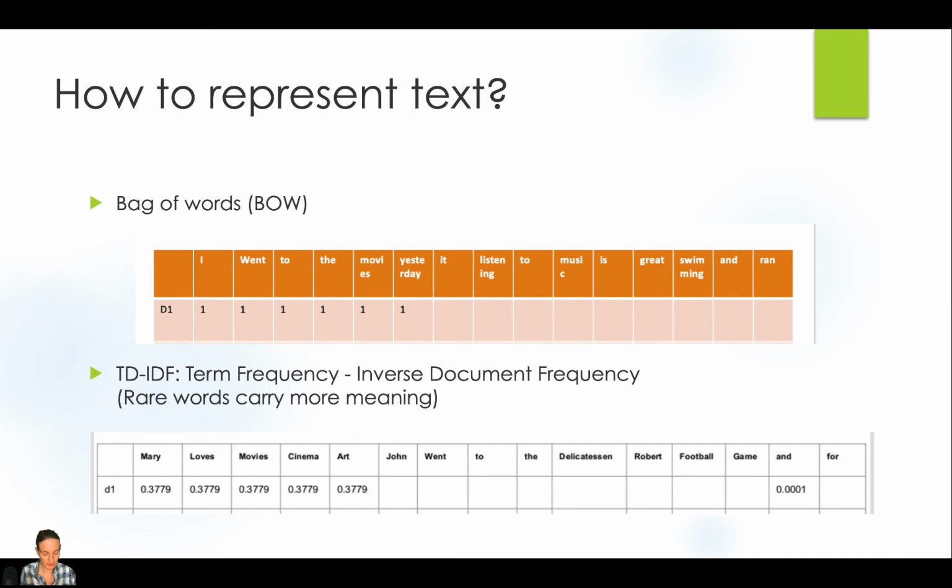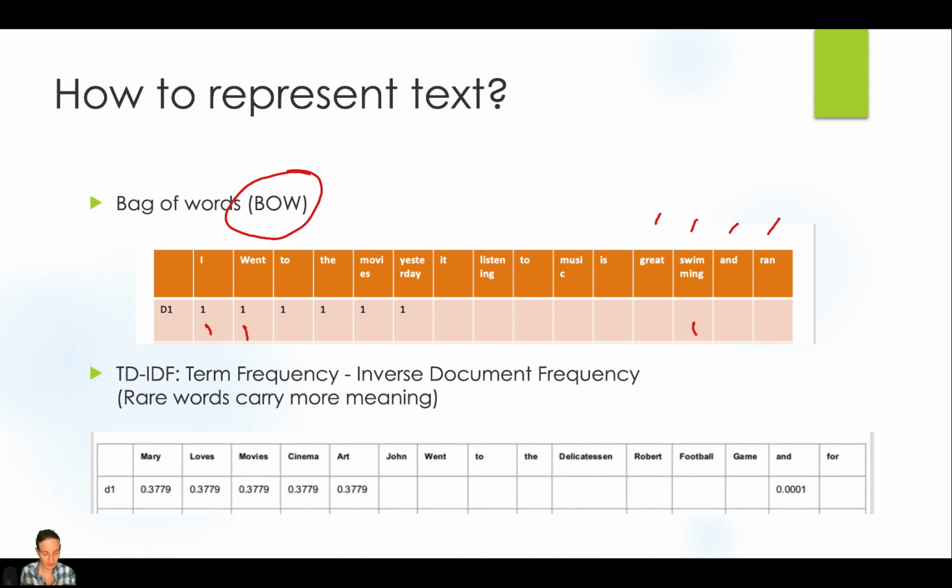There are some traditional ways of representing text, such as bag of words, BOW. In bag of words, we just have a column for each of the words in the dictionary, and we put a 1 when they occur or a 0 when they don't occur. So in this case, we're representing our first sentence, I went to the movies yesterday. If I have the sentence, I went swimming, then it would be I went swimming.